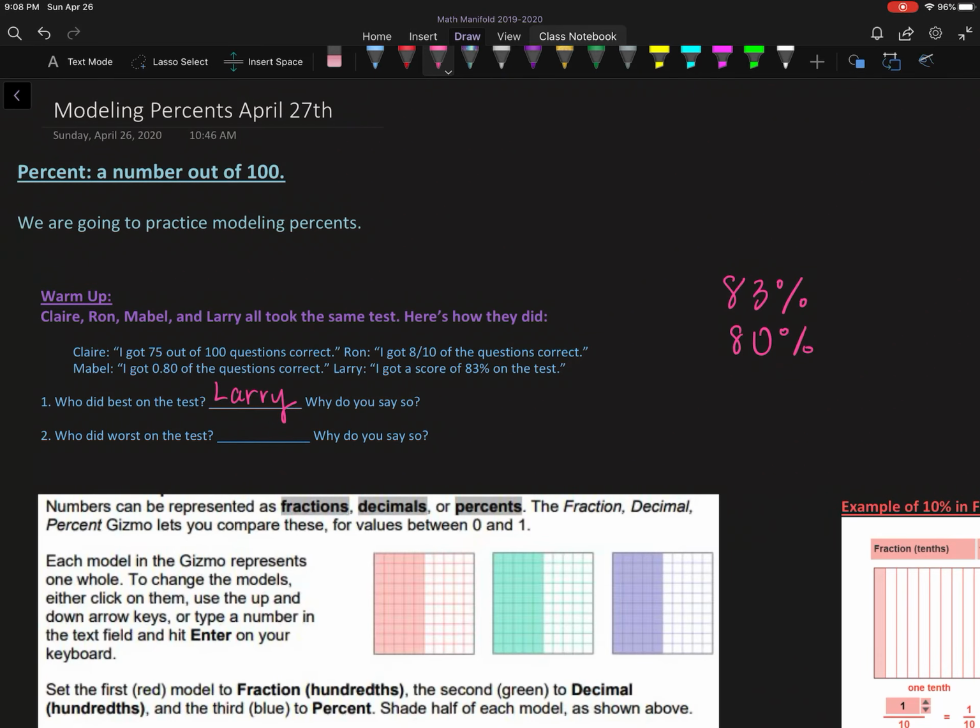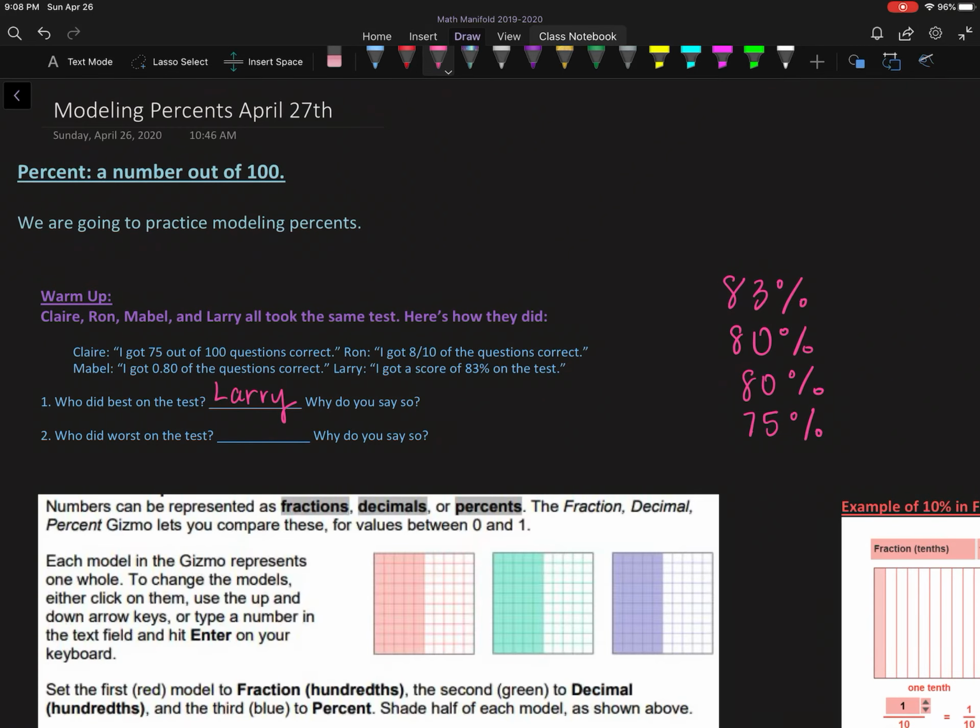And then Ron got an 8 out of 10. If I were to multiply 8 and 10 by 10, we would get 80 out of 100. He also got 80%. And then lastly, Claire received a 75 out of 100, or 75%.